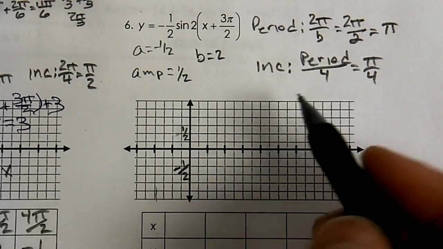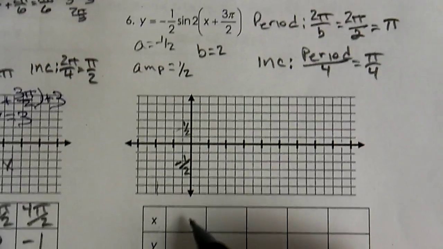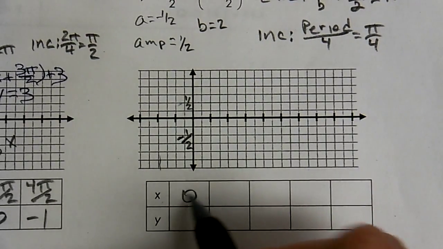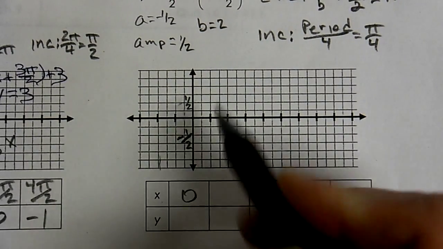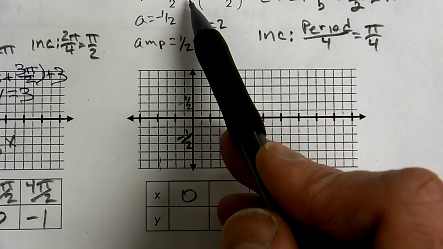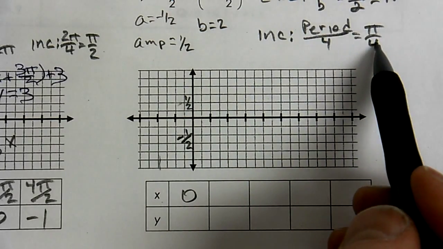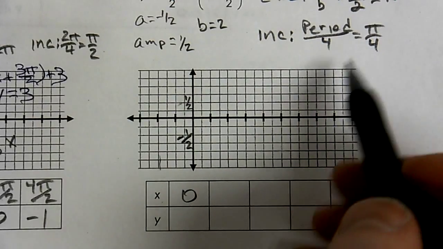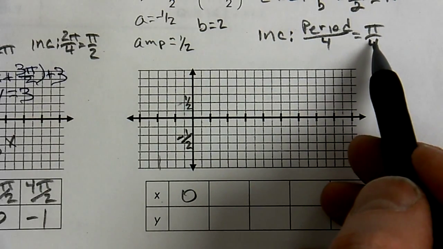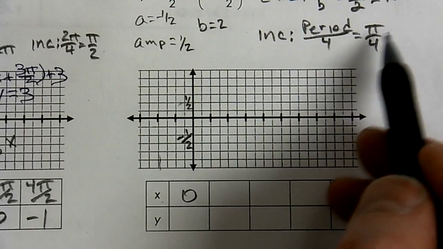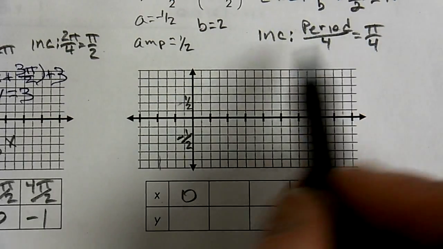So we'll take our table, start with 0. This is a sine graph. We have our increments of pi over 4. Pi over 4 is a quarter. It takes 2 of these to equal 1/2.